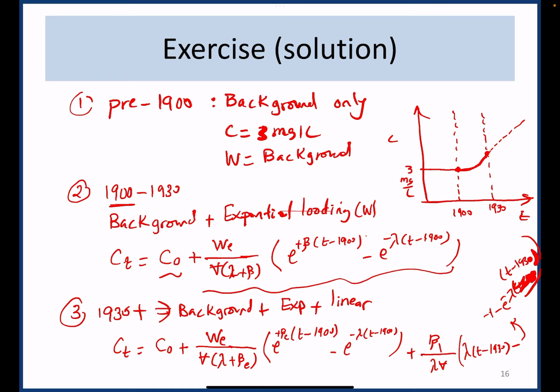And you close the parenthesis. And here we can see that this is from before 1900, and this is from 1900 to 1930. That's why we put initial 1900. And here we put 1930 and later. So this is going to be considered for the linear, this is going to be exponential, and this is going to be the background.